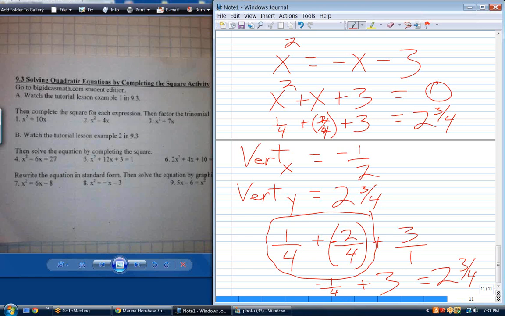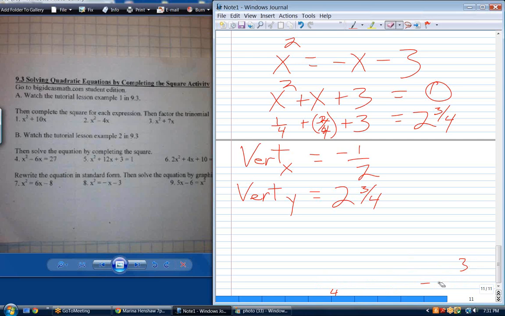And if I take away 1/4 from 3, I've got 2 3/4 left. Okay? All right, so we know how to graph the vertex, but we don't know how to graph the x-intercepts without solving this equation. So let's solve it by factoring, and then we'll be able to graph it.